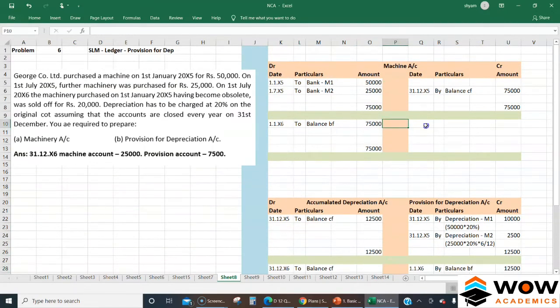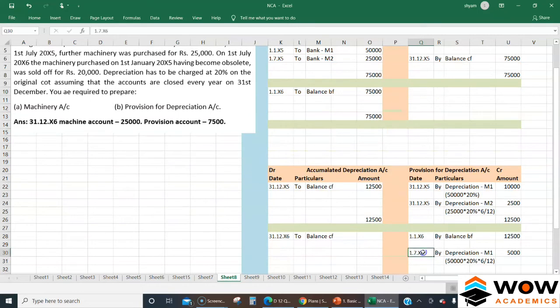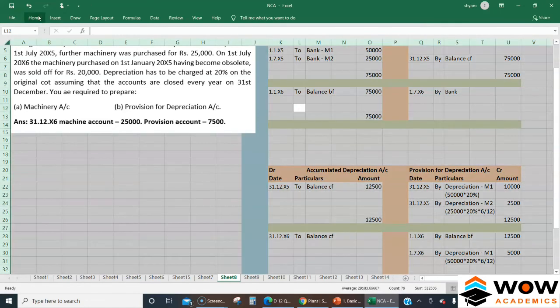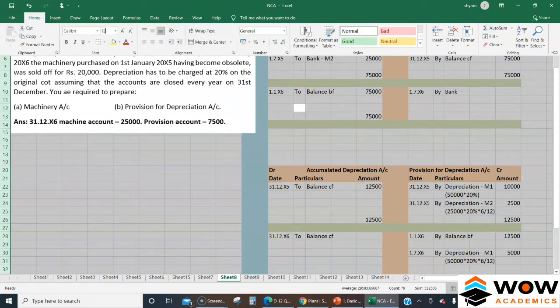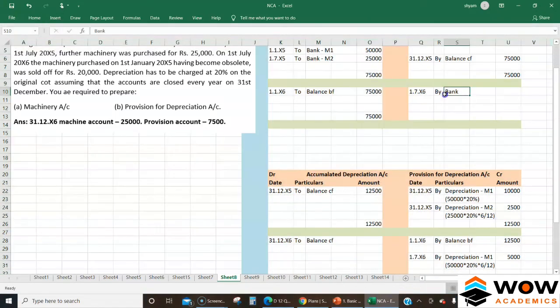As the machine is sold on 1/7, this is the sale date, so we have to make the sale here.